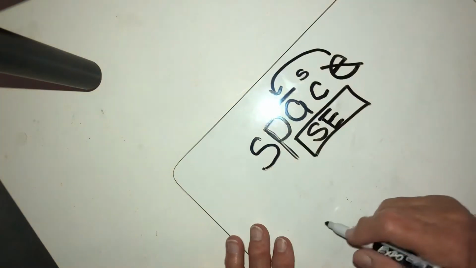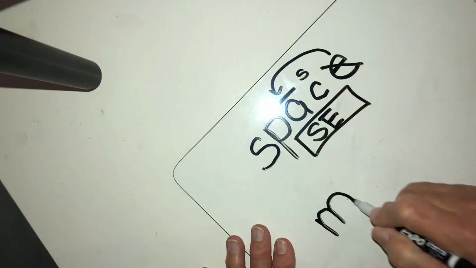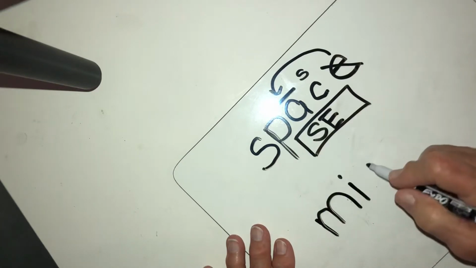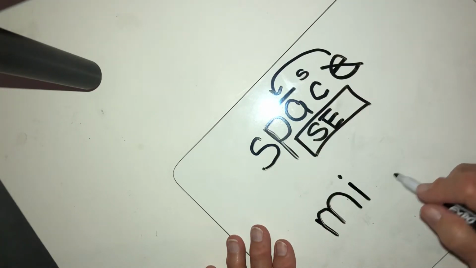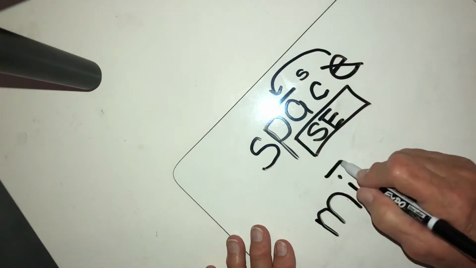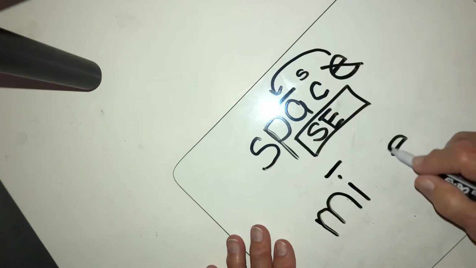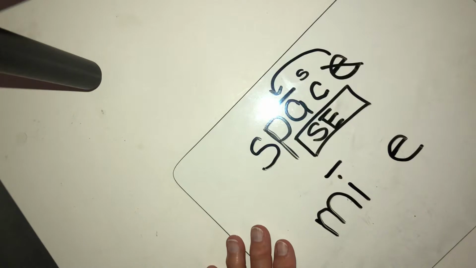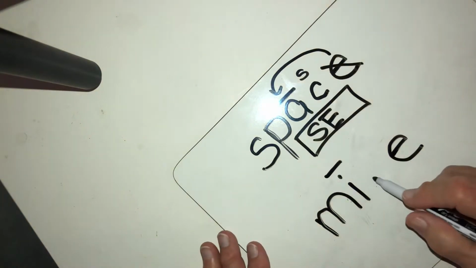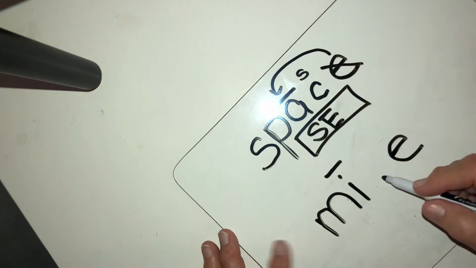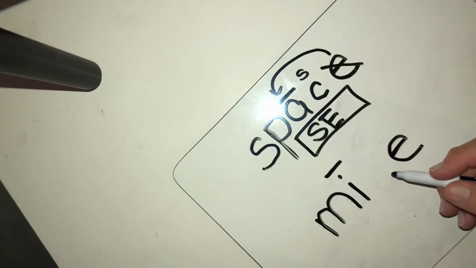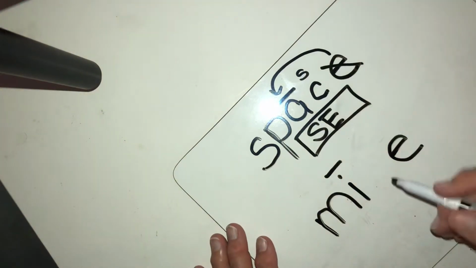Mice. Let's do mice. I, and then we're not quite sure what we're going to use here, but since this says his name, we know good old silent E is back there. So mice, do we use an S or do we use a C? Just like in this word up here.